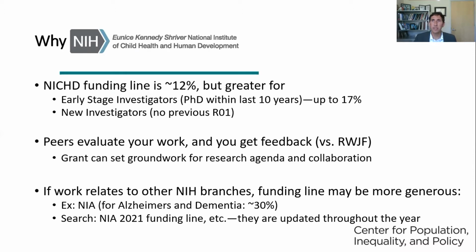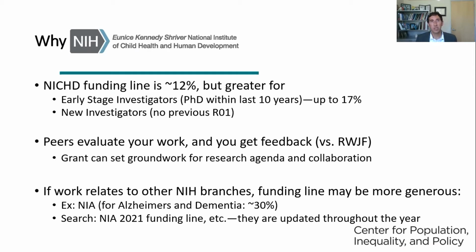So you have no idea if the grant met the funding priorities or if it wasn't a good scientific idea. There's not really that much academic discourse. This is very different than NIH. You tend to get feedback on a grant that, even if it's not funded, can set the groundwork for a better research agenda and for catalyzing collaboration across colleagues who you involved on the grant.